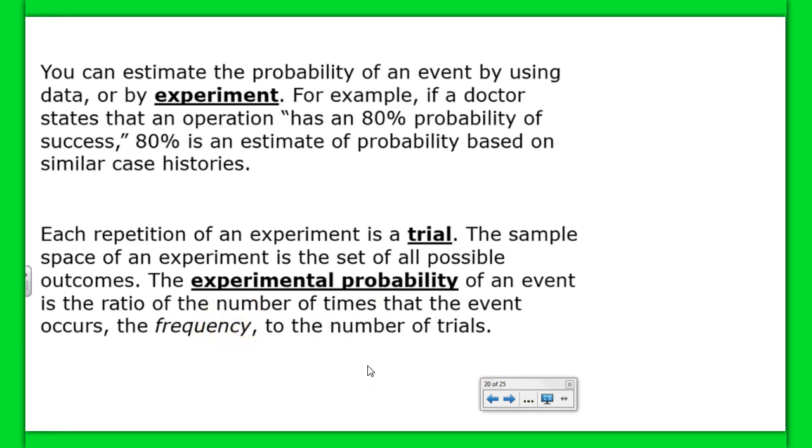So we know on a fair coin that there's a 50% probability of getting heads, right? There's also a 50% probability of getting tails. Now that's a theoretical probability. We can take a coin and start flipping it and see how many times we do get heads or tails and find the experimental probability. If we have a large enough trial sample set, right, then we should approach the theoretical probability of 50% if we flip that coin enough times.